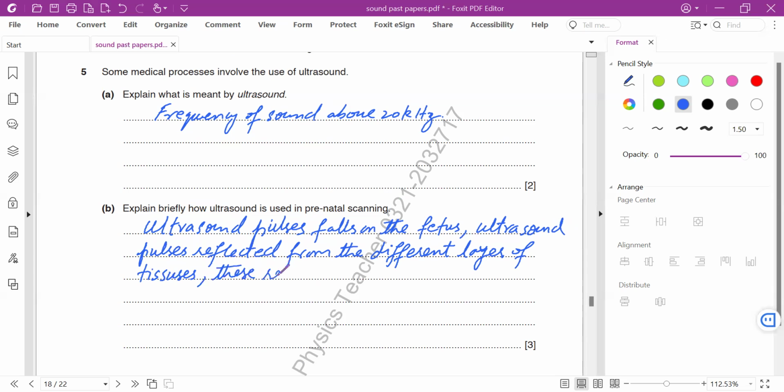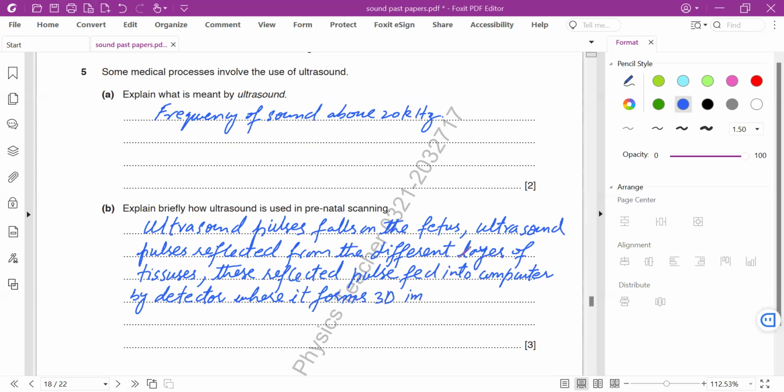These reflected pulses are fed into a computer by a detector, where it forms a 3D image of the fetus.